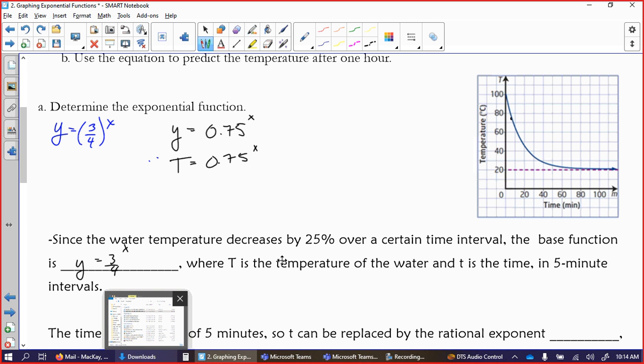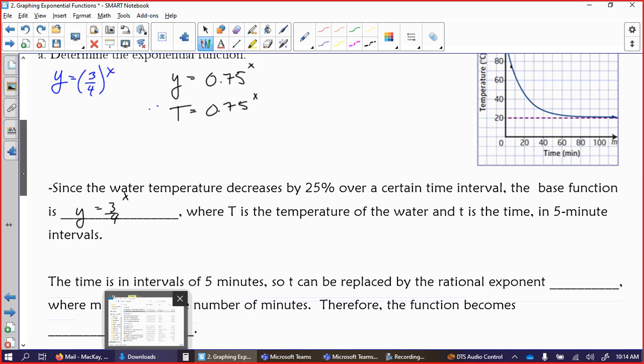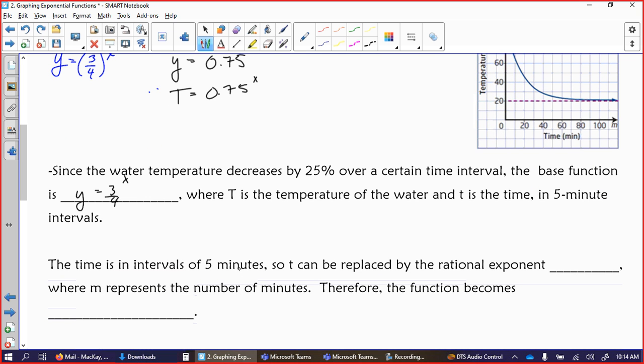But so if the time is in intervals of 5 minutes, t is a rational exponent. If it was every minute, we would just use x. Well, I'm going to use x for time just to make things simple instead of capital T and little t.